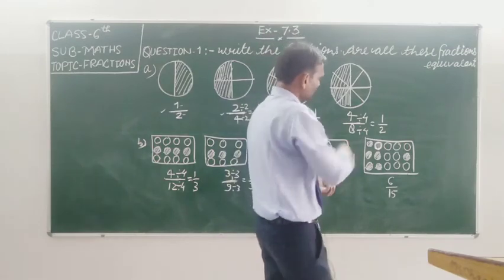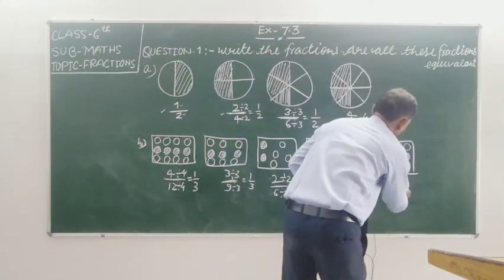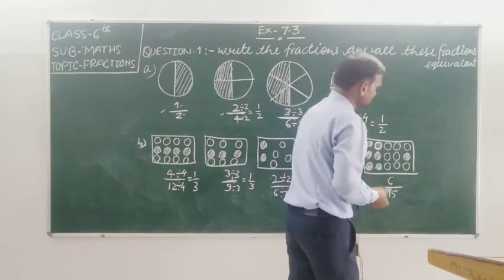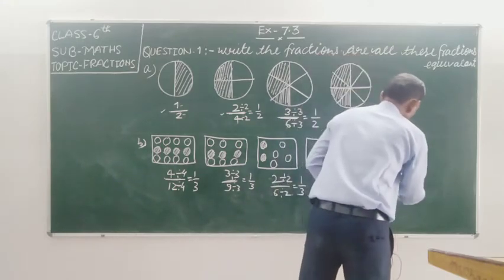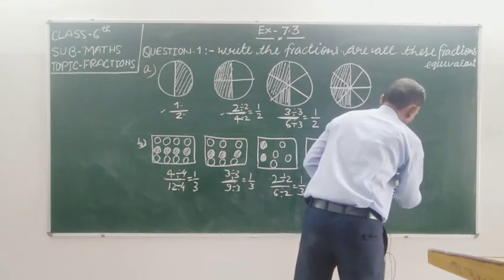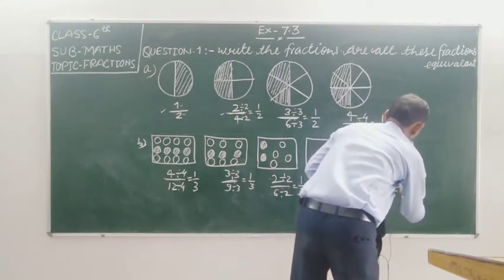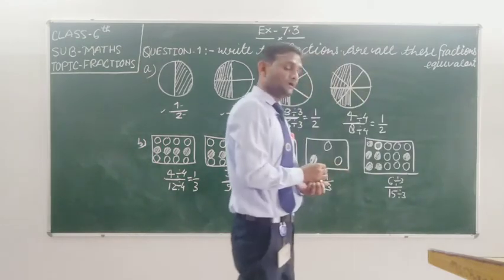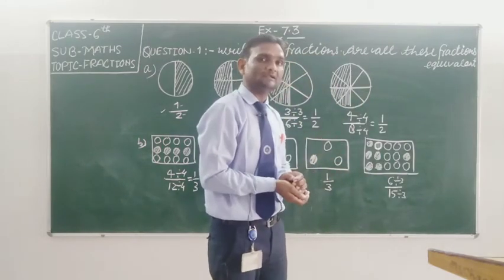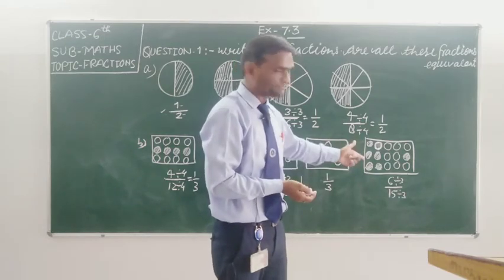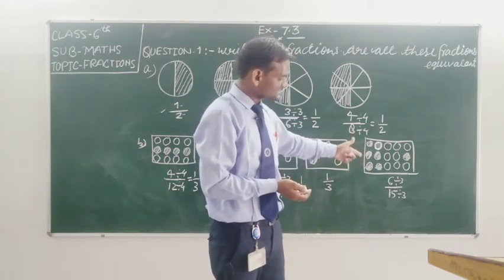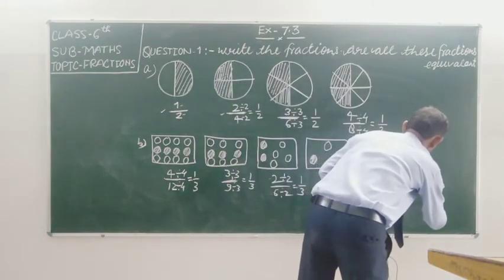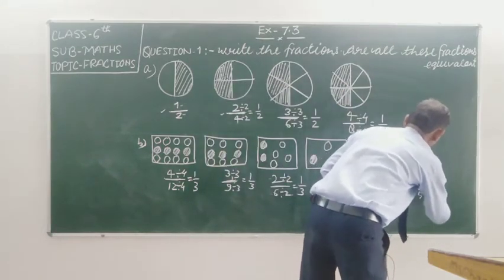When we write it in simplest form, you can divide 6 by 3 and 15 by 3 also. Why? Because 6 and 15 come in the table of 3, so we can divide 6 and 15 by 3. 3 twos are 6 and 3 fives are 15.